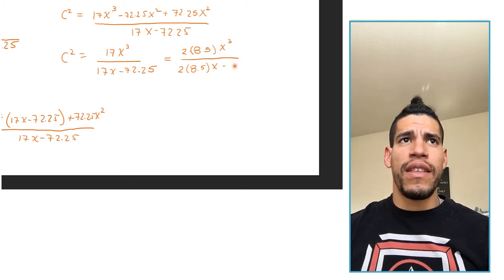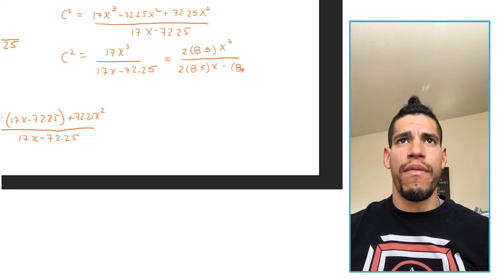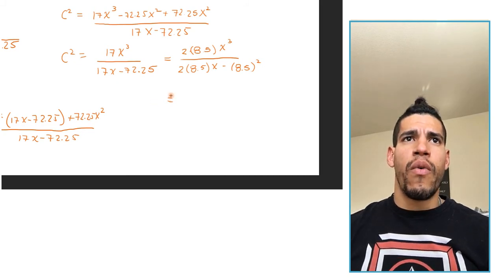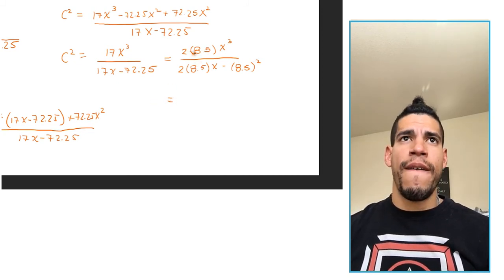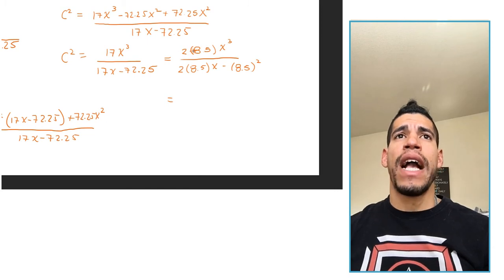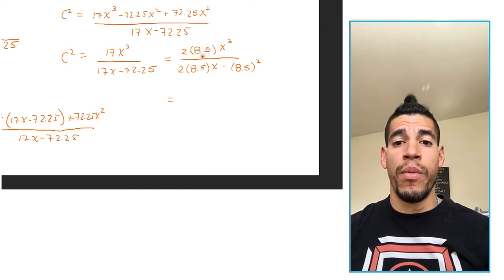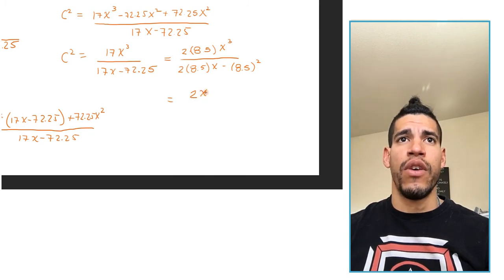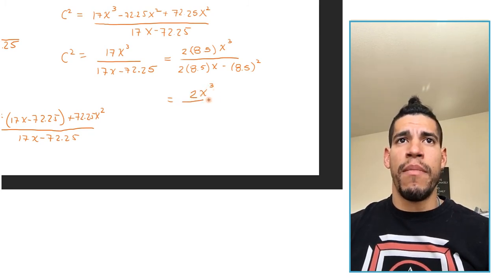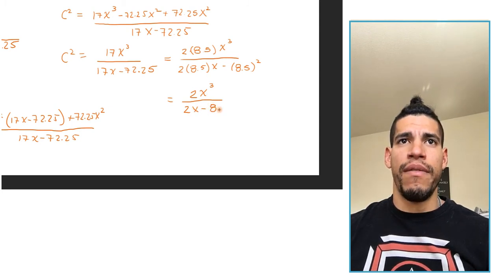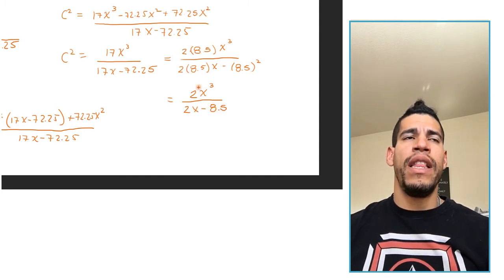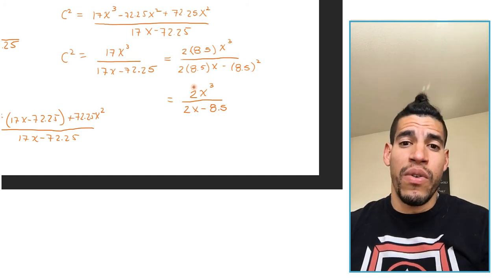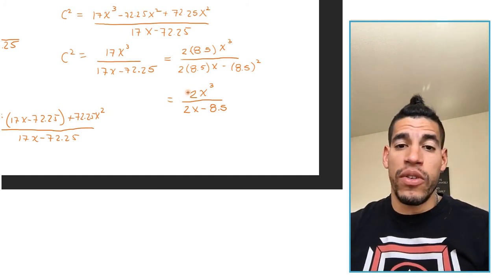And then 72.25 is 8.5 squared. So what should have happened is that I factor 8.5 on numerator and denominator, and I'm left with 2x cubed divided by 2x minus 8.5. Okay? So in the previous video, instead of a 2, I had 8.5, which makes no sense at all.